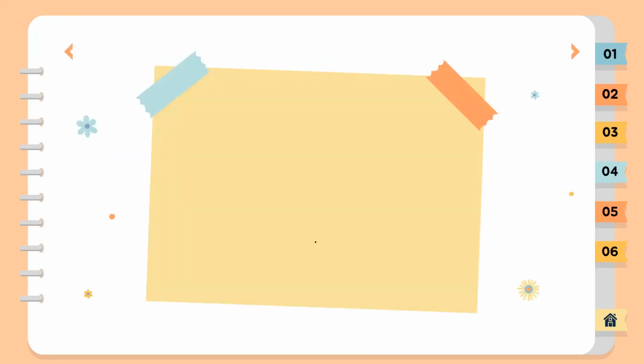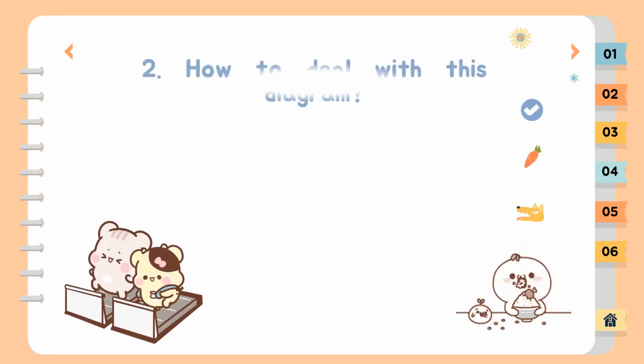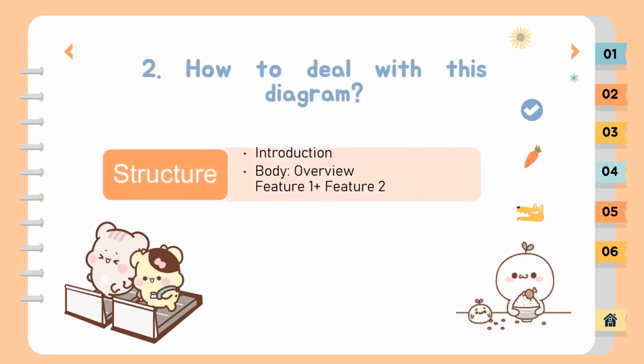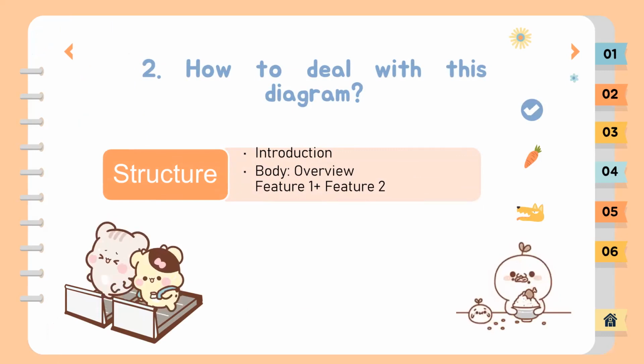So now I'm going to show you the most important part. It is how to deal with the process. In order to achieve a high score in writing task 1, you have to follow these steps. And this is how writing task 1 of process looks like. The structure includes the introduction, the body, which contains the overview, and the feature, feature 1 or feature 2.